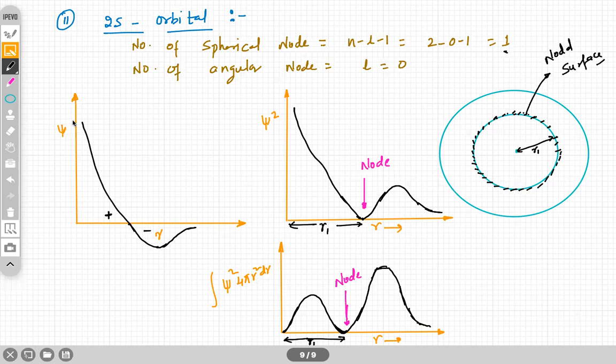This one is the amplitude of the electron wave, which can be positive and negative. So this will go below the axis as well. That's why we have written this.